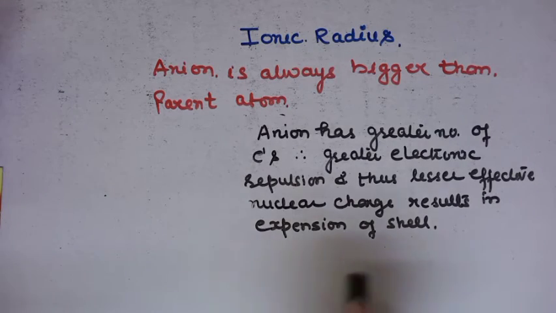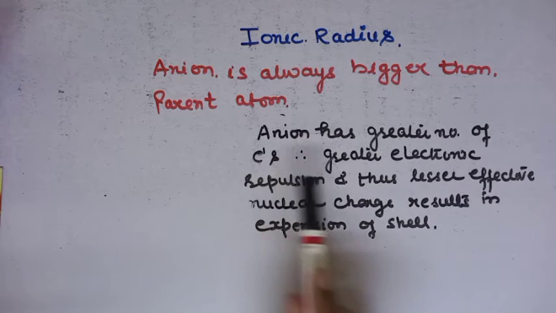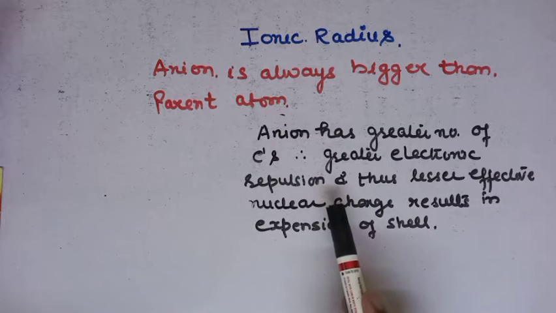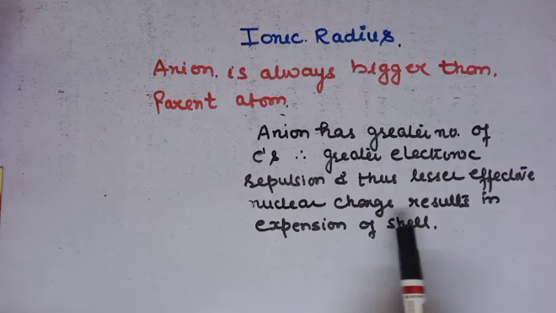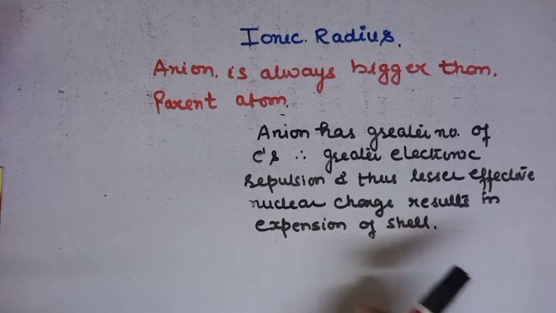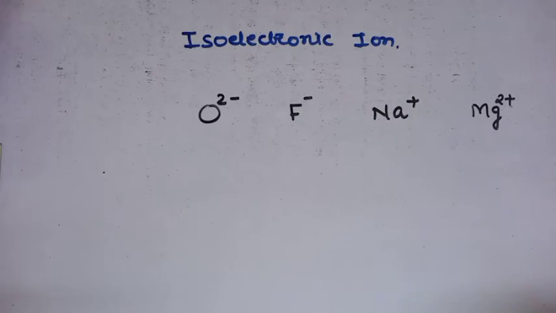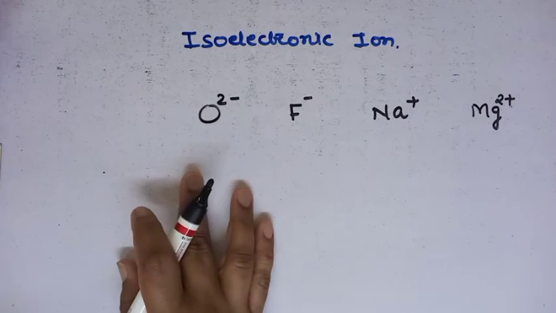Thus, anion has the greater number of electrons, therefore there will be greater electronic repulsion, and thus it will lead to lesser effective nuclear charge, and it results in expansion of the shell, due to which anion becomes bigger than parent atom. Now the topic is isoelectronic ions.